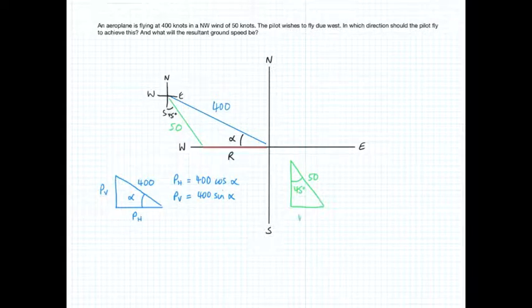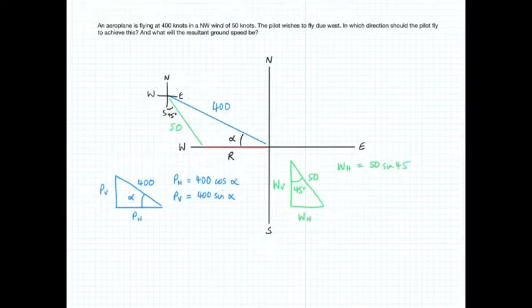So we can have the horizontal component for the wind, WH, and the vertical component. So the horizontal, WH, the hypotenuse is 50. In this case, it's actually the opposite, so 50 sine 45.